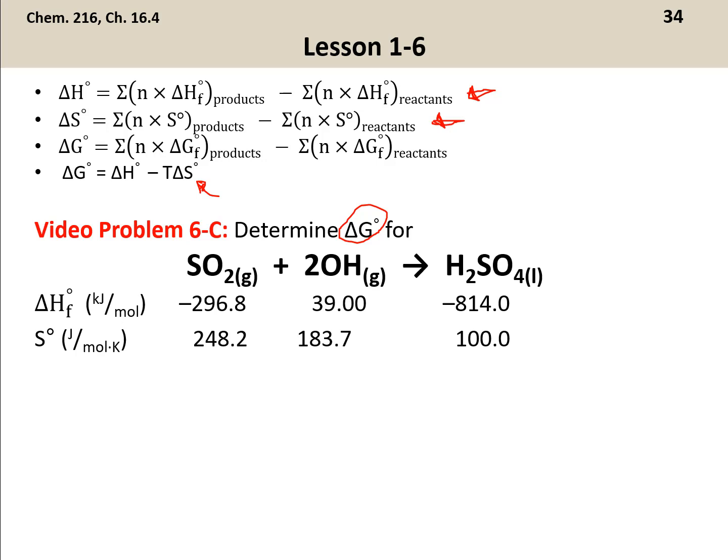One hint, notice that I have this naught here. So that means I want this to occur at 298 Kelvin, right? So I'm going to use this 298 Kelvin for my temperature. All right, so go ahead and do this, and this will be kind of a review.